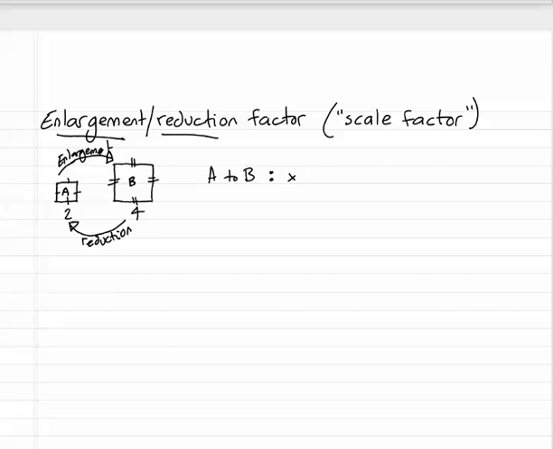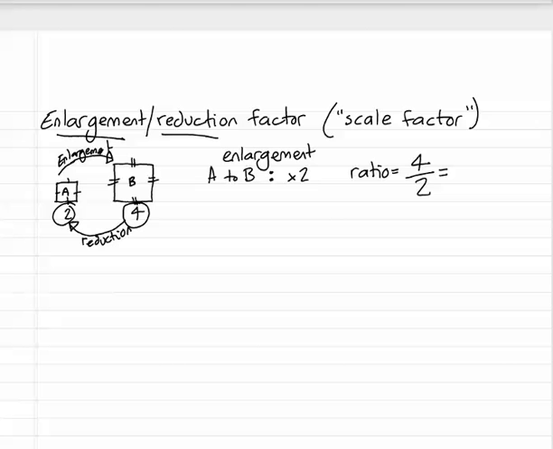And if we checked our enlargement factor, we get a pair of matching sides, and we get the ratio by putting the largest side on top. So an enlargement factor, the ratio large side on top, 4 divided by 2 is 2.